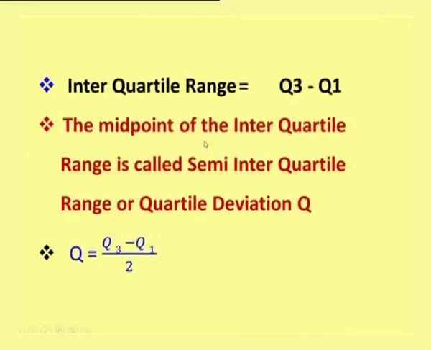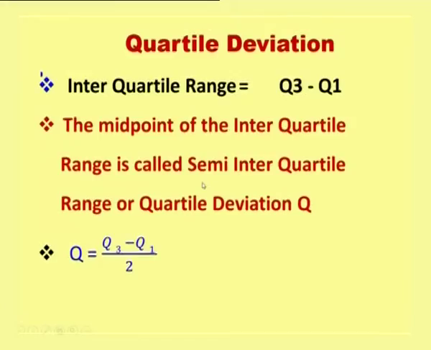That means, if this is Q1, this is Q3, then the difference between Q3 and Q1 is the interquartile range, and half of the interquartile range is called the semi-interquartile range or the quartile deviation. So, by formula, Q is defined as Q3 minus Q1 divided by 2.